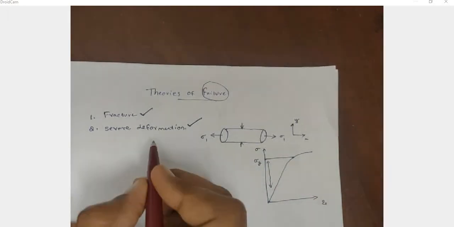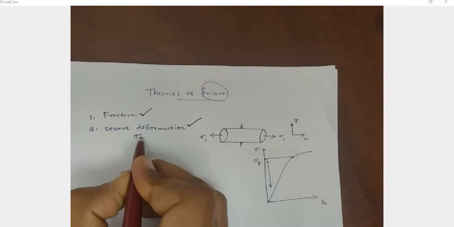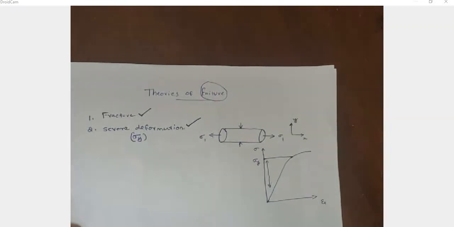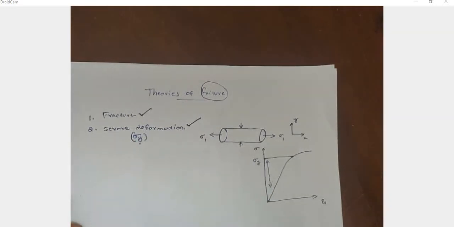If we are not allowing any permanent deformation, we have to design based on sigma y. If we design based on sigma y, the member will not deform permanently. So sigma y is the design criterion against this type of failure, severe deformation.